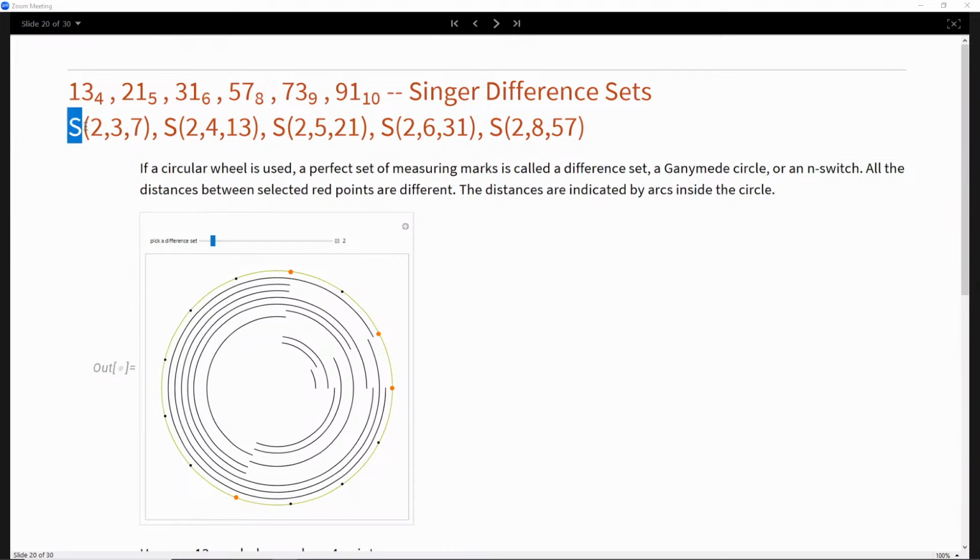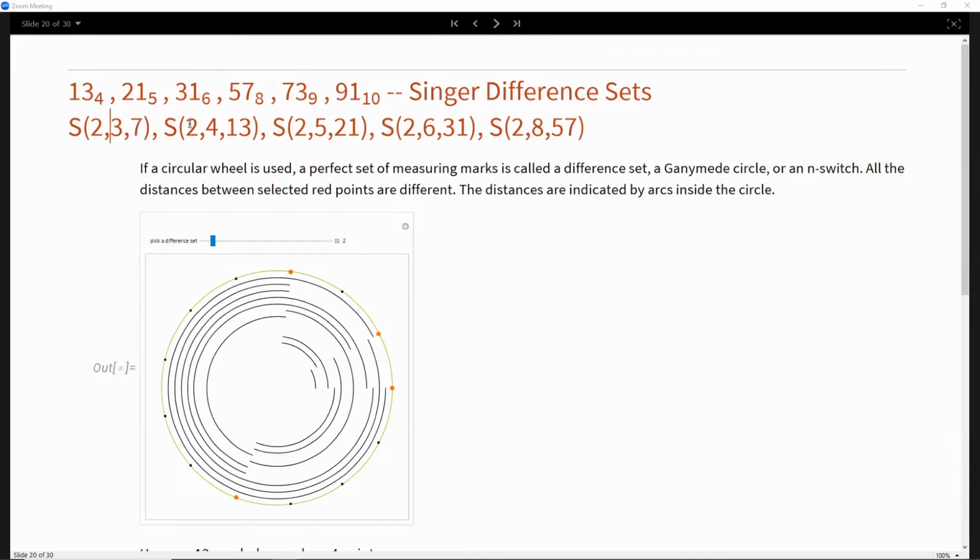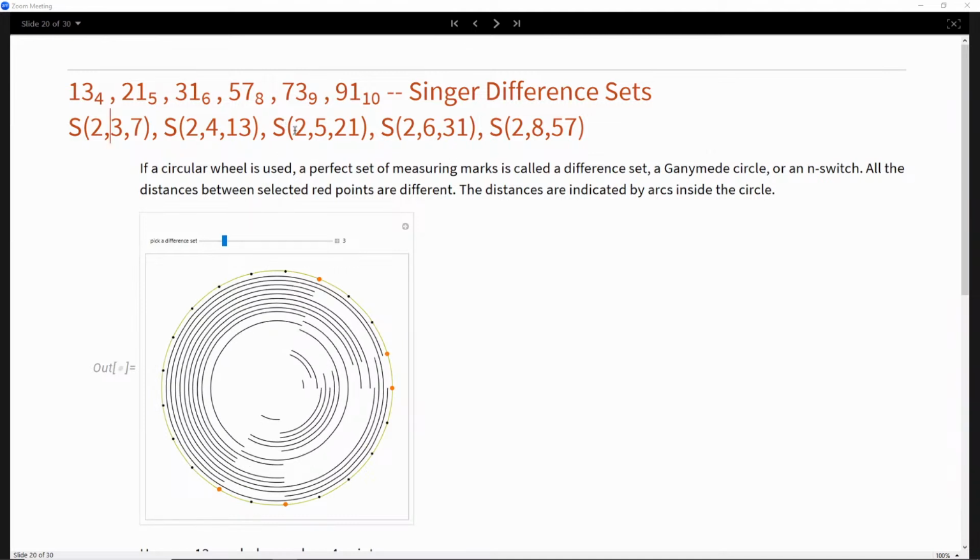So this first one generates the Fano plane, the 2, 3, 7 Steiner system. This next one generates the 2, 4, 13 Steiner system. And one more generates the 2, 5, 21 Steiner system. And these are Singer difference sets. This is also called a Ganymede circle or an inswitch.